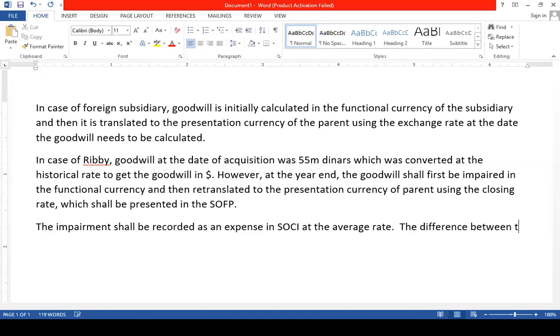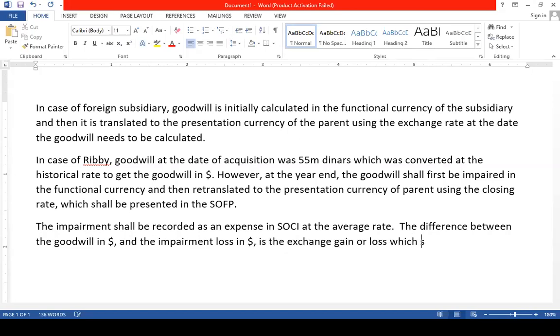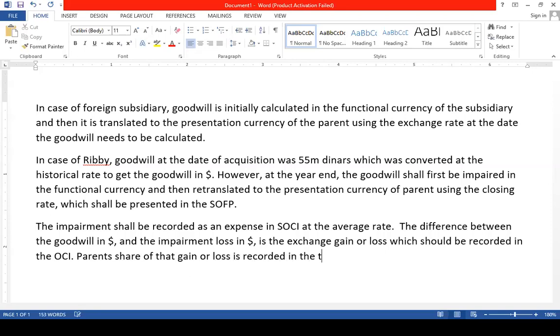Difference between the goodwill in dollars and the impairment loss in dollars is the exchange gain or loss, which should be recorded in the OCI. Parent share of that gain or loss is recorded in the translation reserve, and the share of NCI in the NCI.